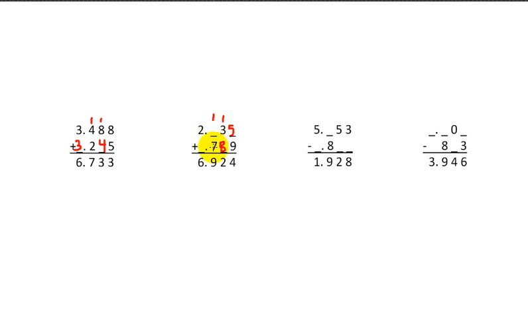Next up, I have 1 and something and 7 makes 9. Okay, 1 and 7 makes 8. And what makes 9? Now I don't have to do what I did before and make this into 19, because if you think about it, 1 and 7, 8, and something can make 9, it doesn't have to be 19 necessarily.